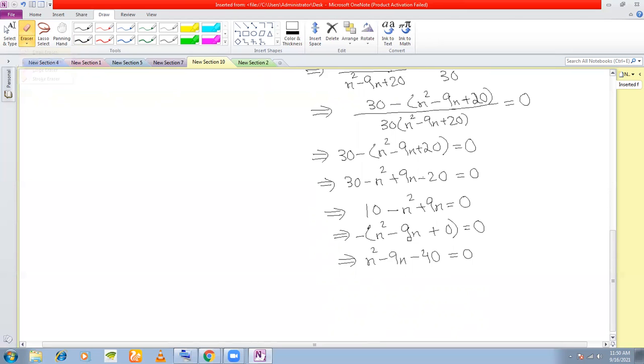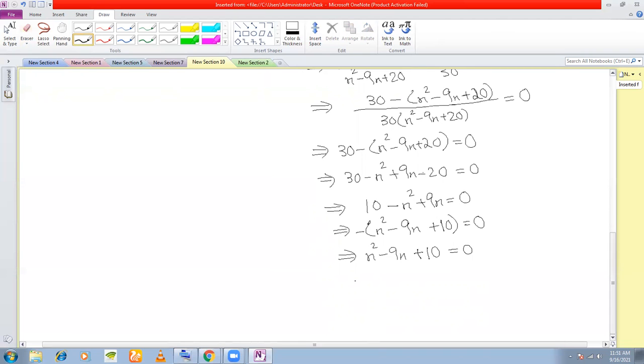Now I think this can be factorized. Okay, this can be factorized into two factors, 10 and 1. So minus 10n plus n. Okay. Still we are not getting. This should be a minus 10 here.